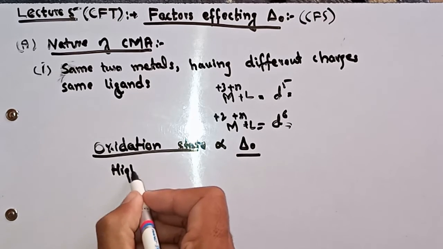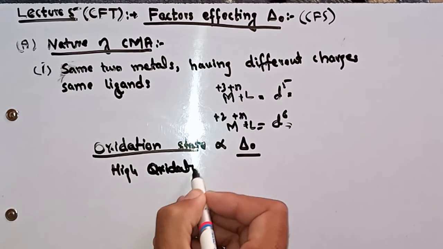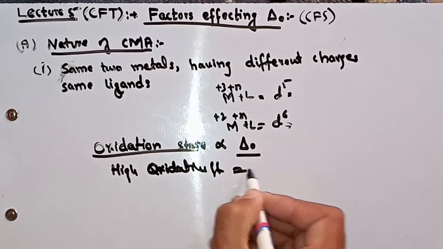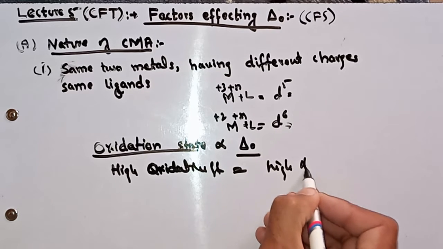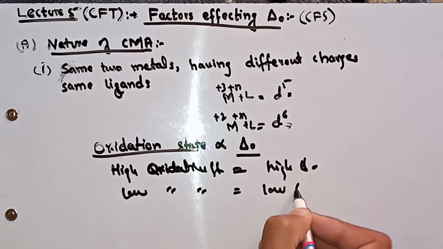The lower the oxidation state, the lower will be delta naught.